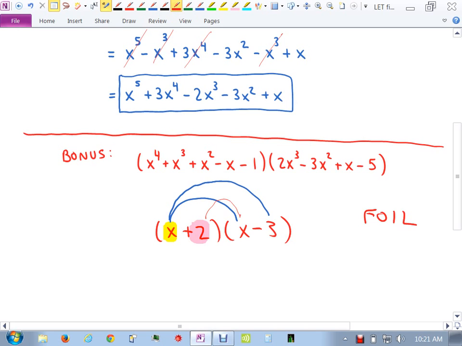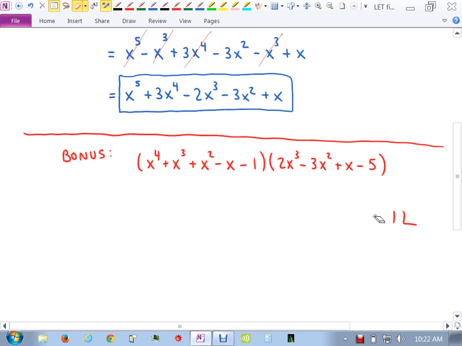That would be inner, and then last would be the last one, right? So FOIL is what I'm showing you. Just FOIL only works for 2 and 2. I can think of another F word that you probably think of when you see something like that.